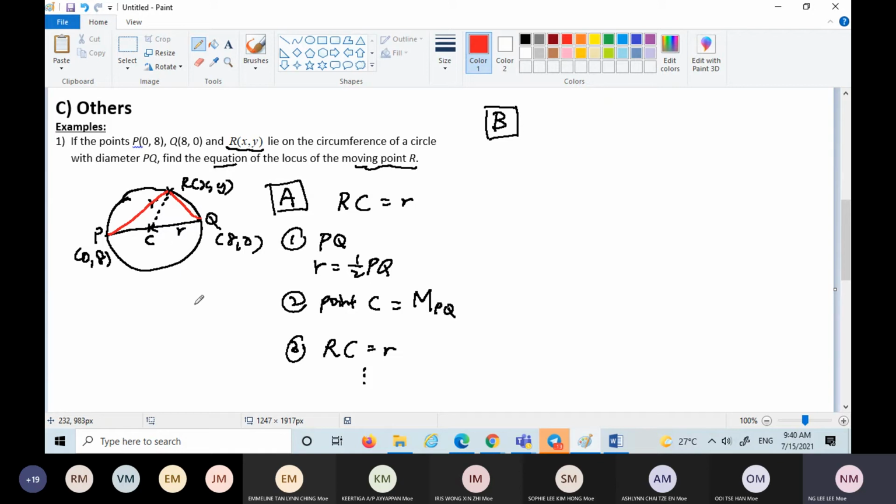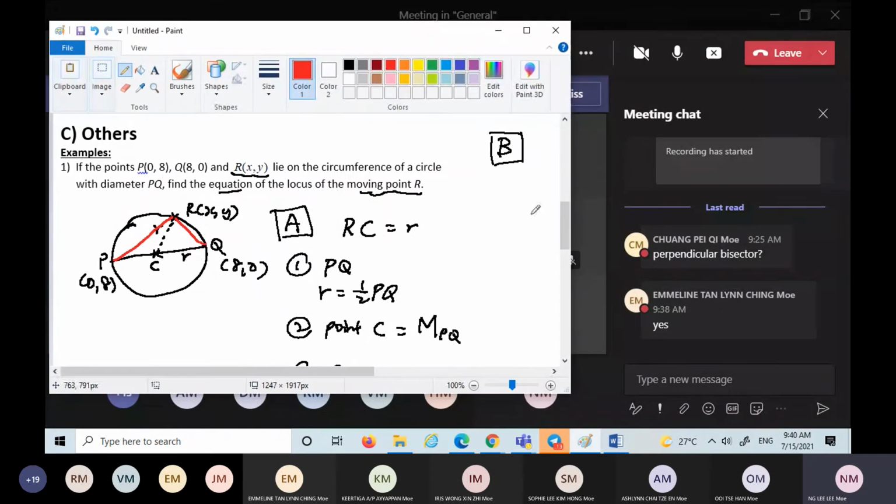If I join in this way, what can you see that I can use to form the equation? Anyone? You must think, don't just wait for me to say and then accept. I give you a hint for the second method, method B.